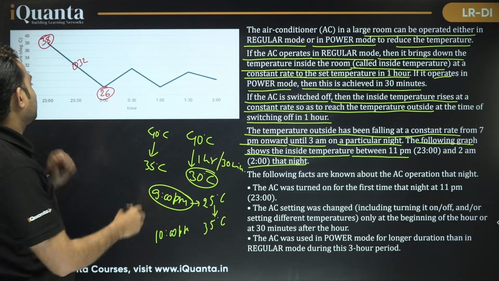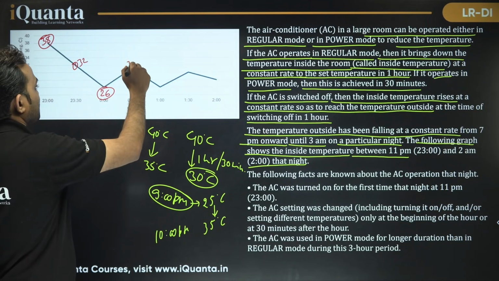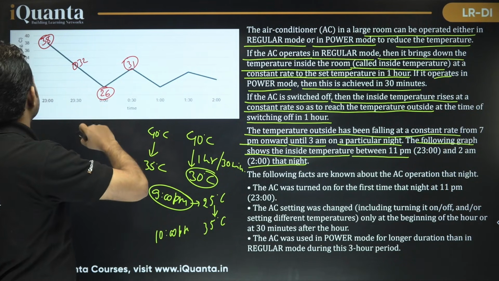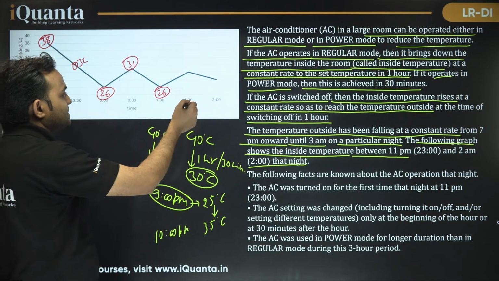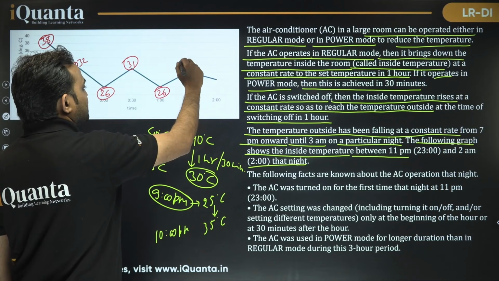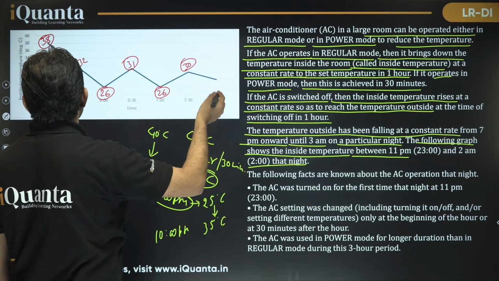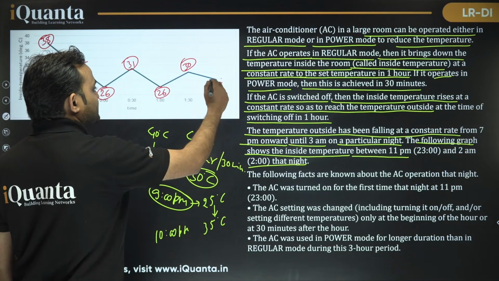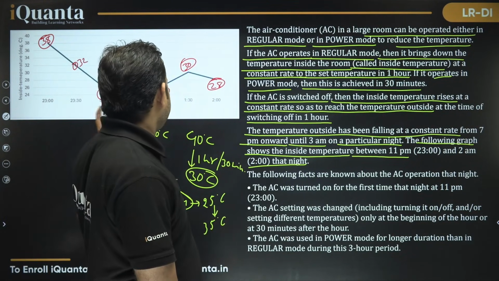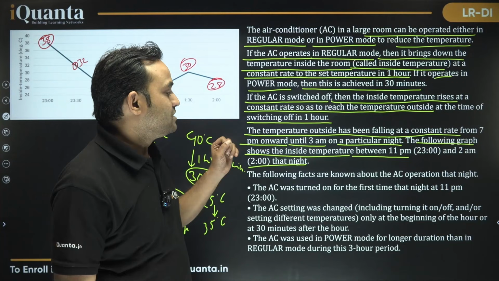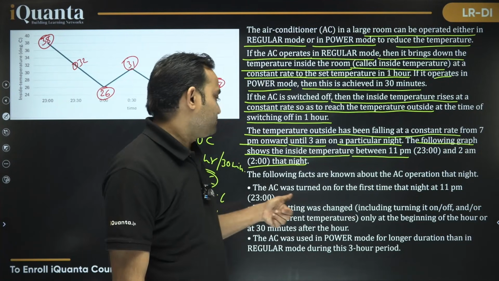Then at 12:30, it's 31 degrees Celsius. At 1 a.m., it's 26 degrees Celsius. At 1:30, 30 degrees Celsius. And at 2 a.m., it's 28 degrees Celsius. So we have the temperature at each half hour from 11 p.m. to 2 a.m.